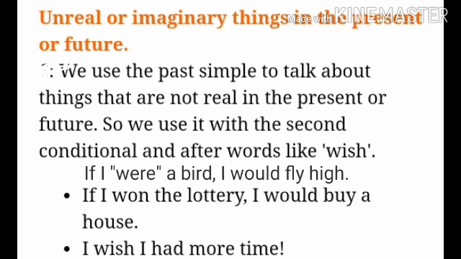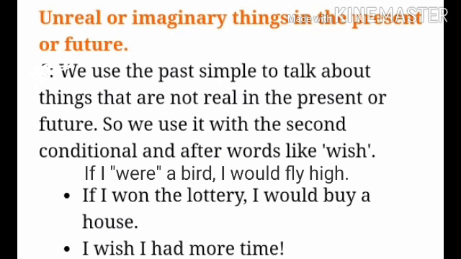Again, do you remember the concept of suppositional sentences which we discussed? And there I told you that whether the subject is plural or singular, we always use were or the second form of the verb. So the same thing has been done here. If I were is again the second form of the verb: be, was, were, been. If I won is again the second form of win, won.